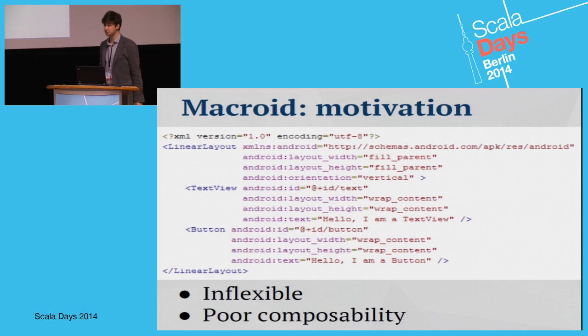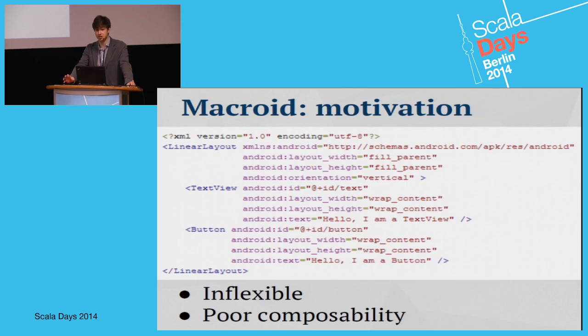Well, the motivation for Macroid comes from the way things are done in Android. For example, if you just want a text box and a button below it, you have to write this kind of XML code, which I think everyone here would agree is pretty ugly and verbose. And you can't even have behaviors in this code.